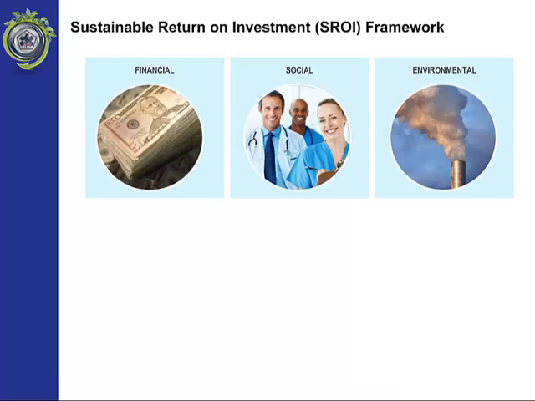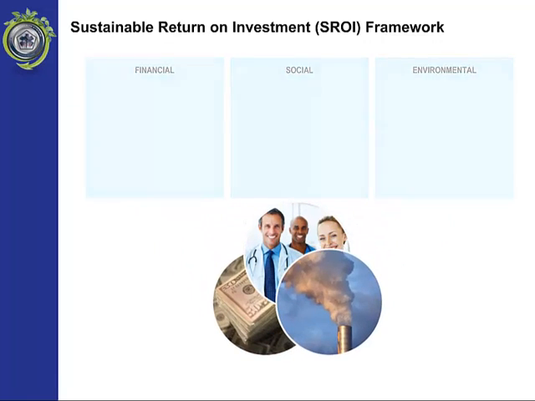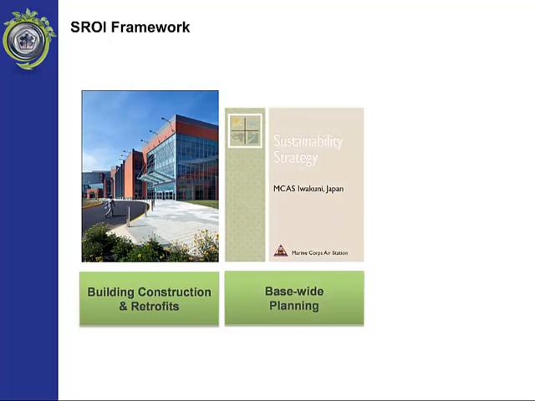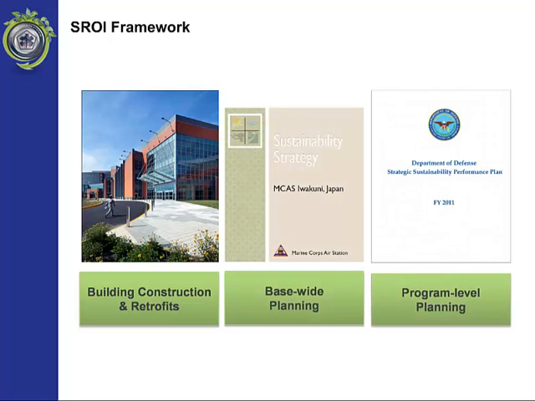The SROI framework provides a full accounting of the financial, social, and environmental impacts of projects, providing a business case with which to select and document strategies utilized on MHS projects. It is scalable and can be implemented on a range of project types, including building construction and retrofits, base-wide planning, and program-level planning.